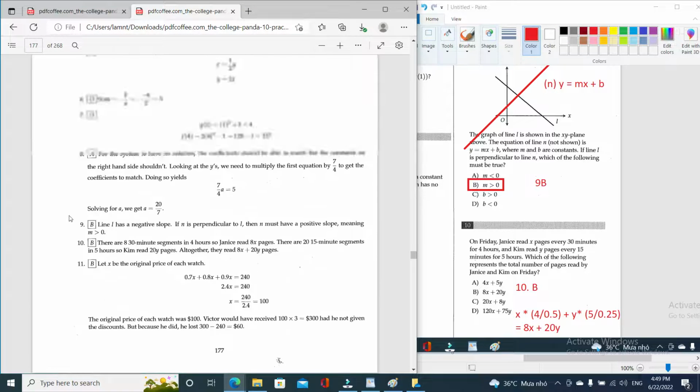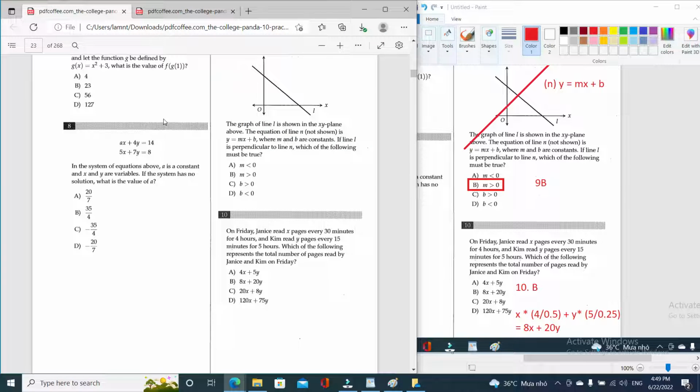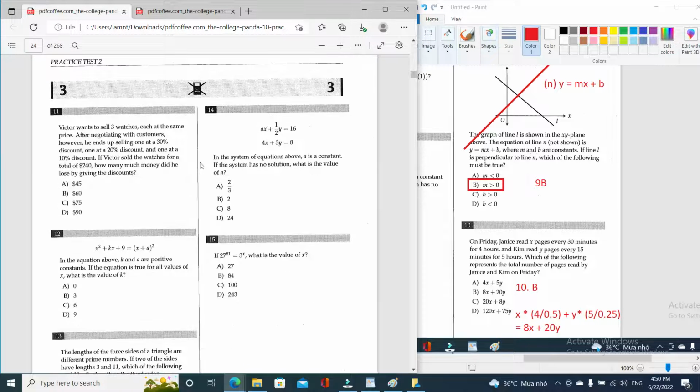9 is B and 10 is B indeed. Alright. Let's move on to number 11.